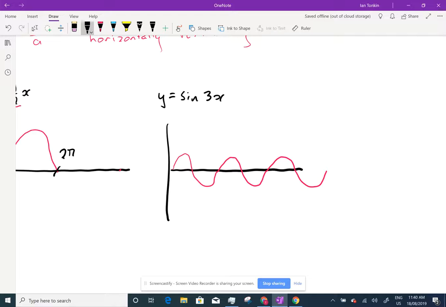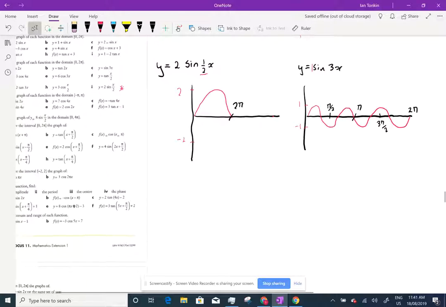And that would now be 2 pi. So 1.5 curves would be pi, because halfway. And halfway between those ones would be pi over 2, and halfway between these ones would be 3 pi over 2. And because there's a 1 there, its amplitude is 1 and minus 1. So they're pretty easy, those standard ones, when you're just playing with the amplitude and the period.